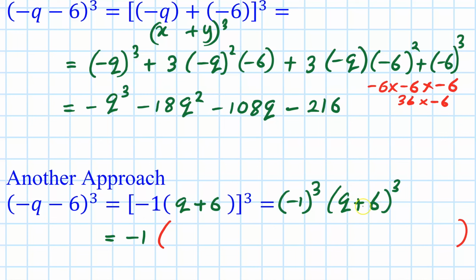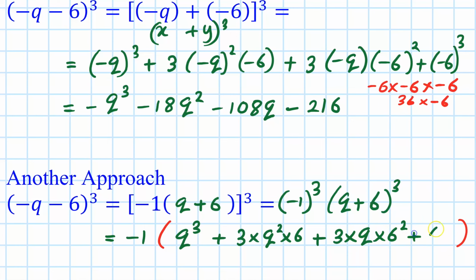Okay, that one, (q + 6) cubed. So we get q cubed plus 3 times q squared times 6, plus 3 times q times 6 squared, plus 6 cubed.